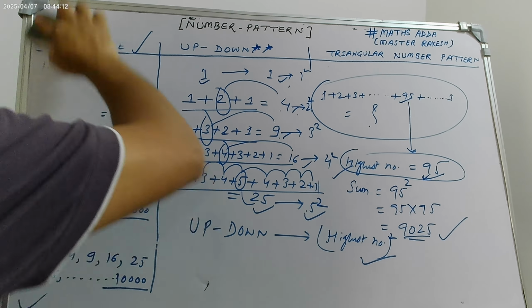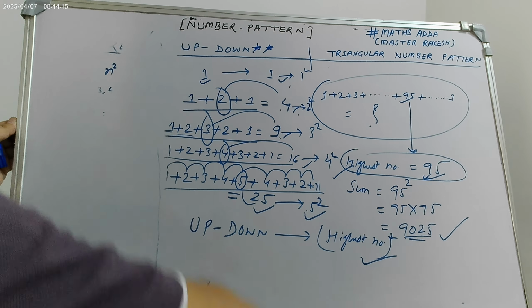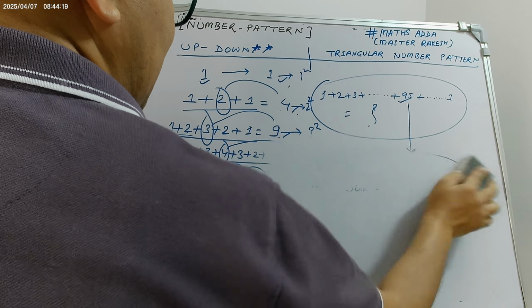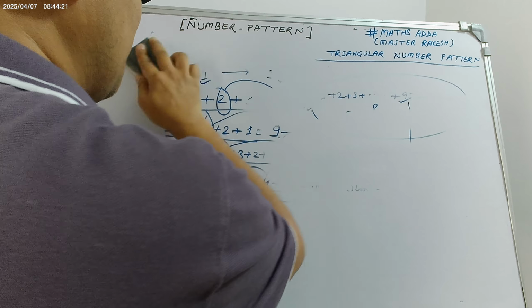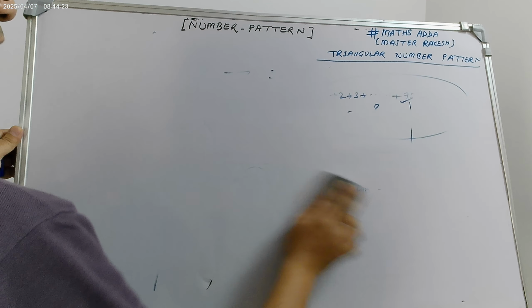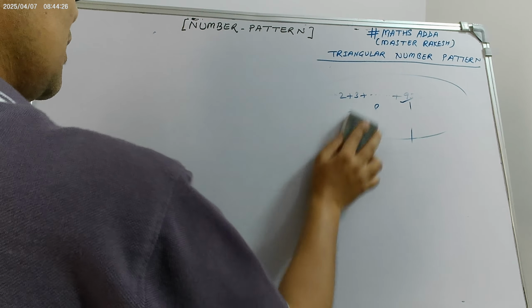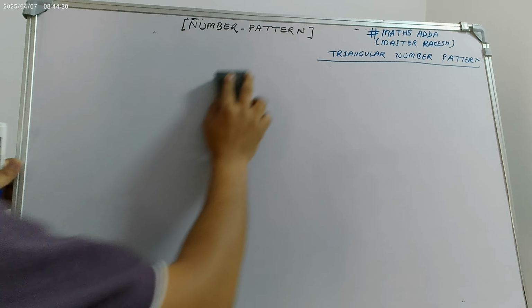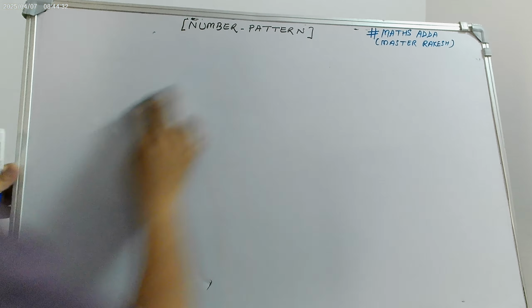What are triangular number patterns? You need to understand the triangular number patterns. We learnt as of now the square pattern, the second was the up and down pattern, now the third one is the triangular number pattern.